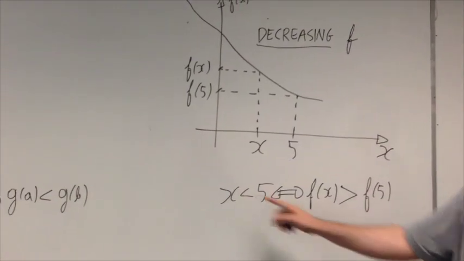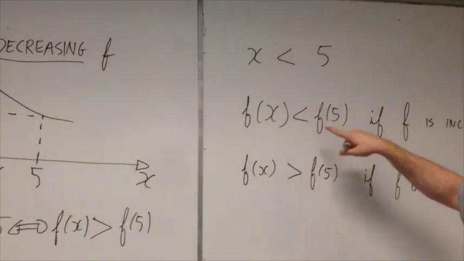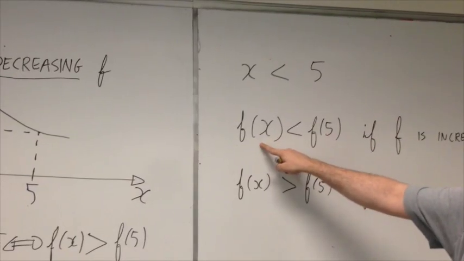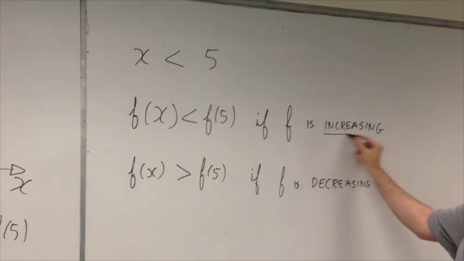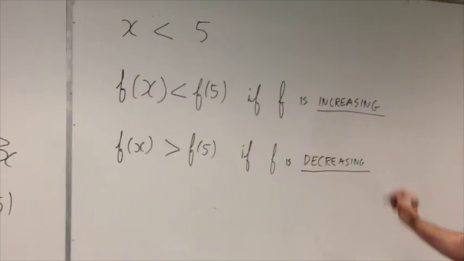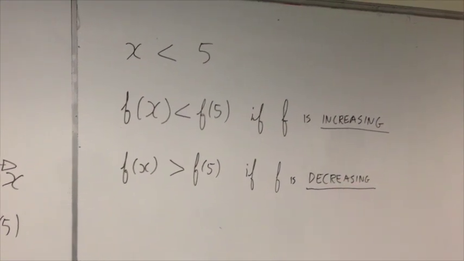So x is smaller than 5 if and only if f of x is smaller than f of 5 if f is increasing, and you reverse the inequality if f is decreasing. It depends on the nature of function f, so be careful with that.